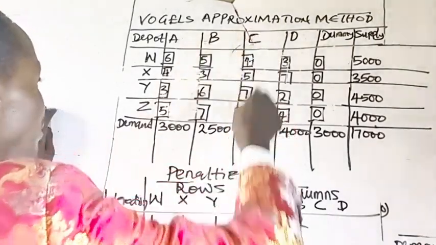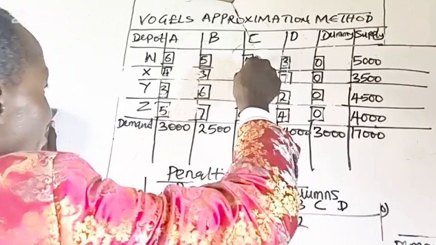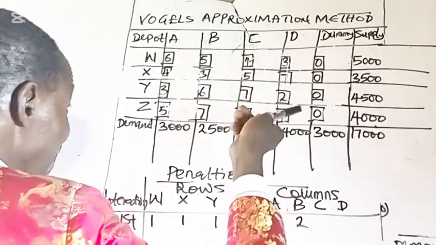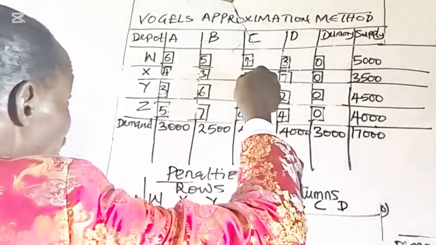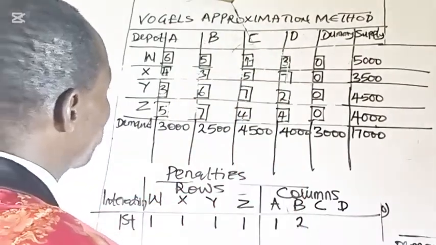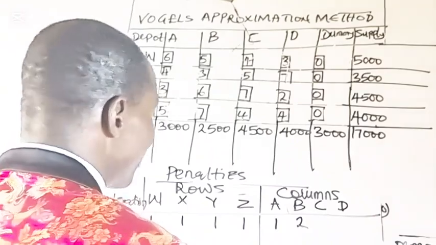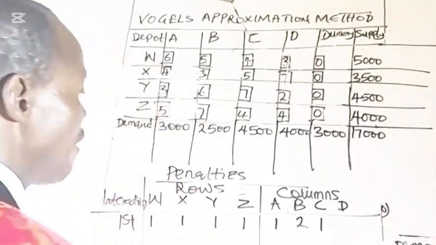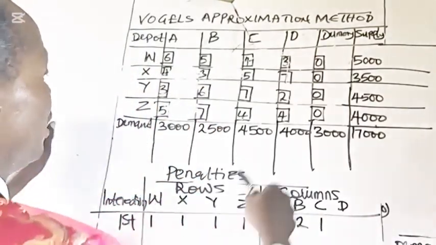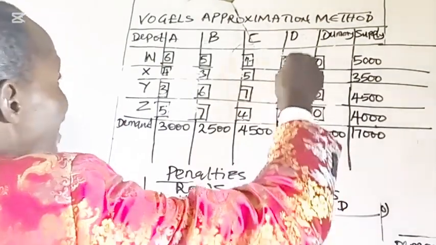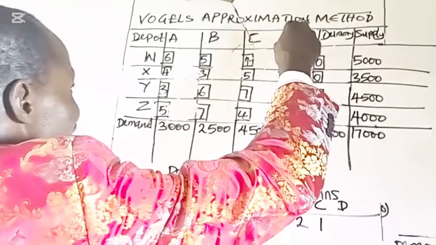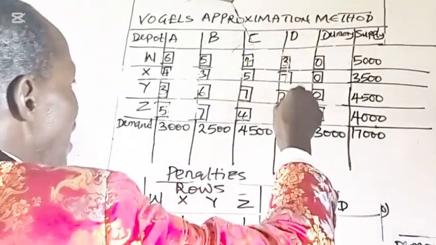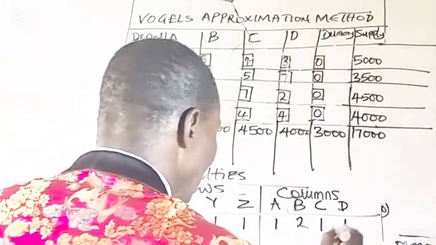Then column C. The least cost is 4. Since you have 4, you don't need to count 4 as the next. The next to 4 is 5. 5 minus 4, that will be 1. Then for D, the least cost is 2, and the next least cost is 3. 3 minus 2, that will be 1.